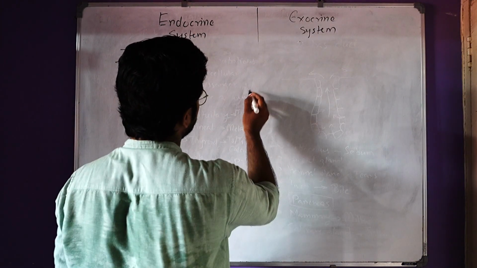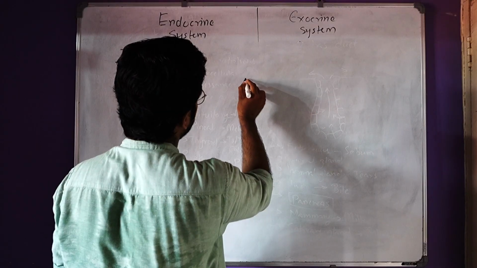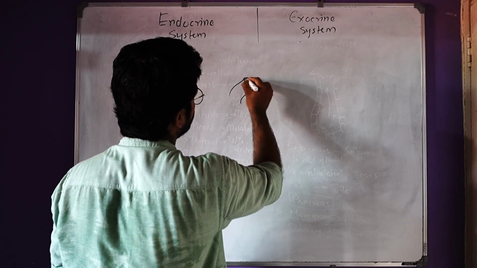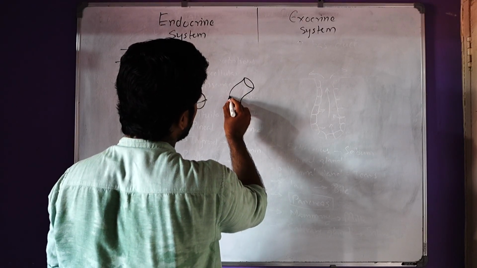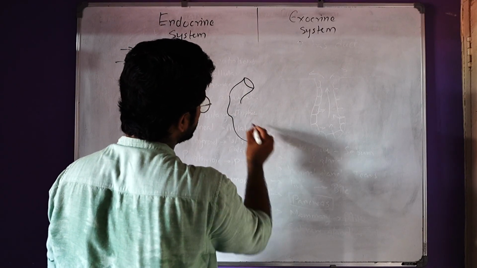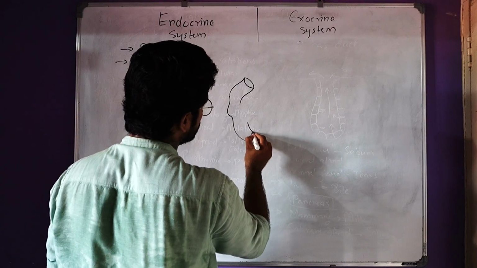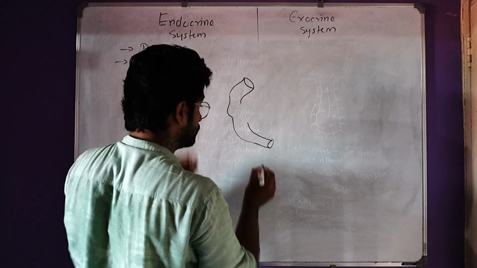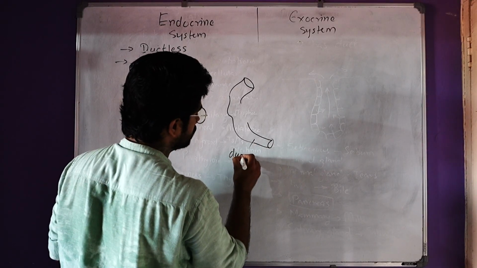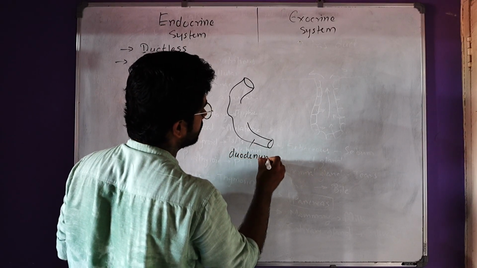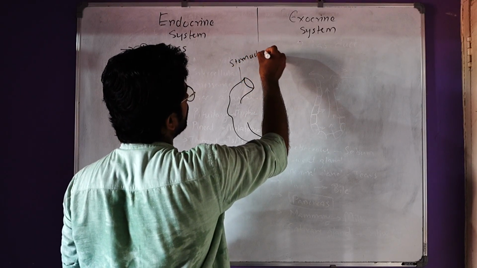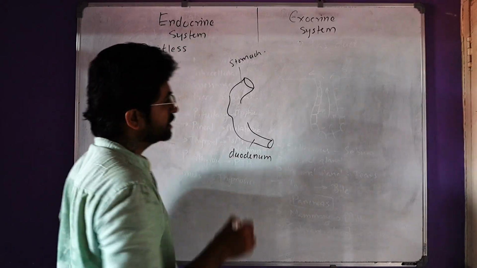So suppose this is your stomach, food is coming from stomach, and the lower part is your duodenum. Duodenum means small intestine. So this is duodenum. This is coming from stomach, and here you can see there is pancreas.